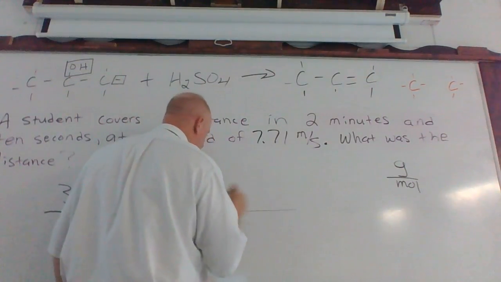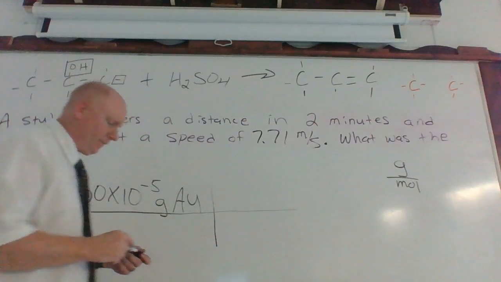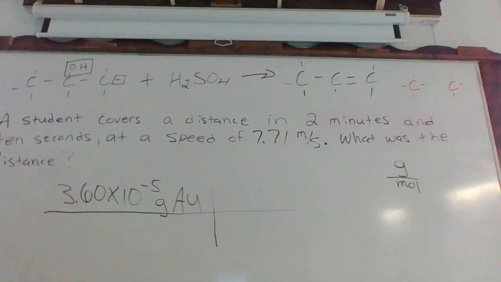One thing that would help you out a lot, does this say anything about starting with atoms or molecules? Are we starting with that? No, we're starting with what? If we're not starting with atoms or molecules, are we looking for atoms or molecules?